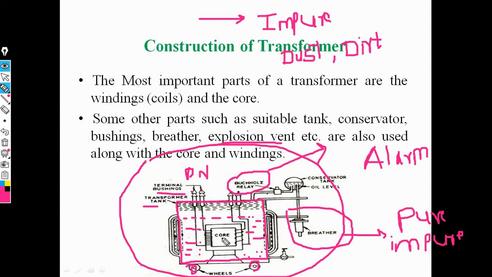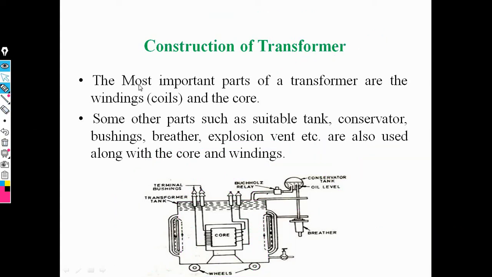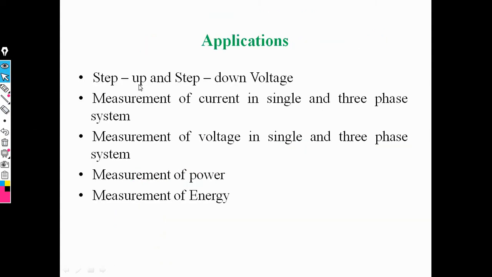Now we also need the applications. What are the applications of the transformer? That is, transformer uses. The first point is step up transformer and step down transformer, to change the voltage.